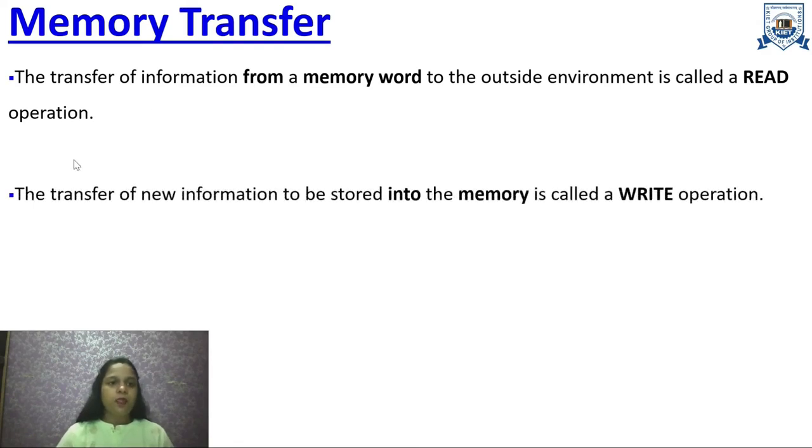Next, the transfer of new information to be stored into the memory is called a write operation. It means if we want to write on the memory, we are transferring any new information to the memory, then that is called a write operation. Now, to write any micro operation, we must know the symbol.